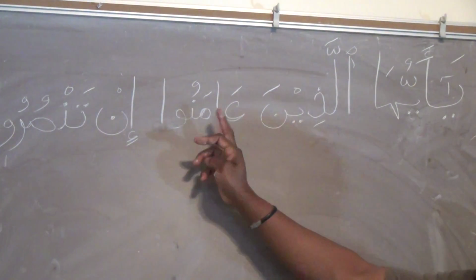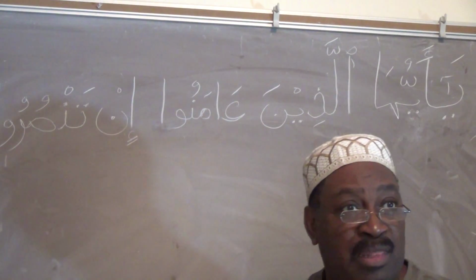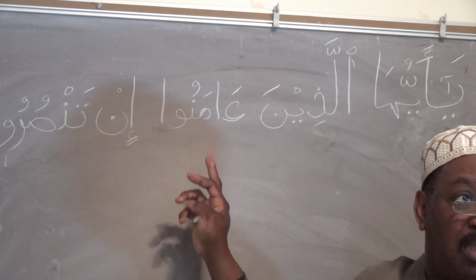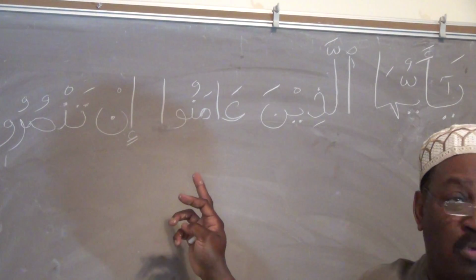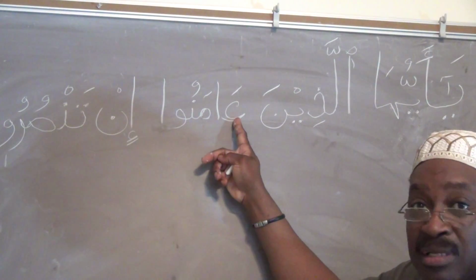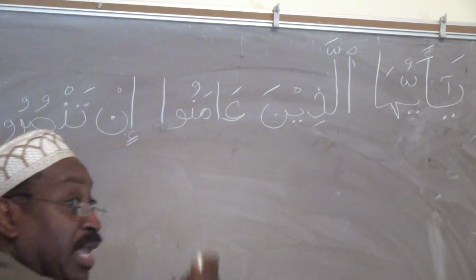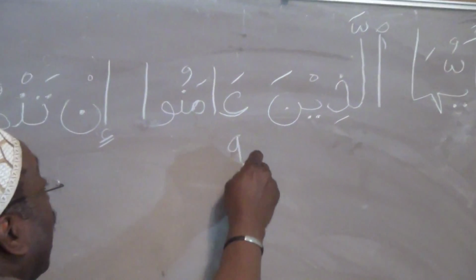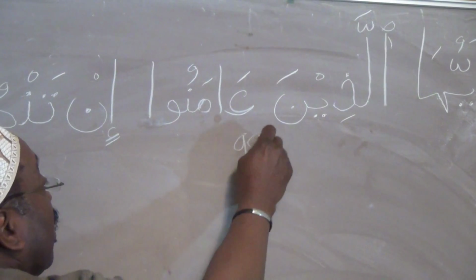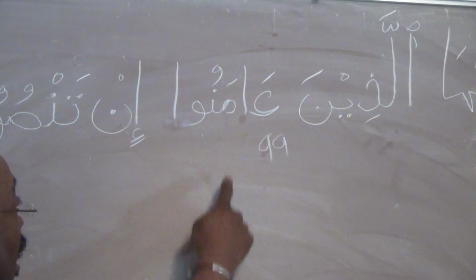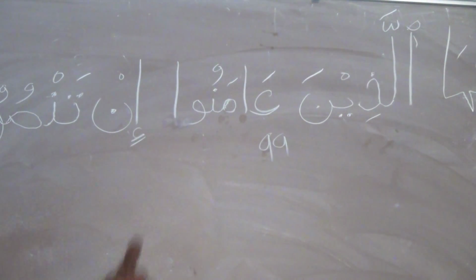And what we got here is what we said we are. Amanu. Look here, this is two A's. We pronounce this hamza as an A, and then we have another alif right here. Amanu. See it? We got it?